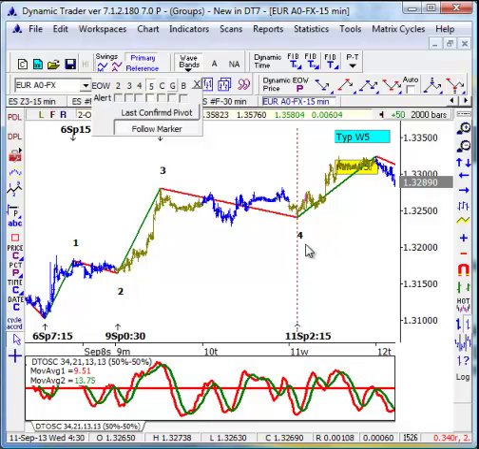Do they meet the rules and guidelines? And I've put some extra criteria in. They also have to be within particular time and price zones to be labeled, in this case, a 1, 2, 3, 4. Well, if they are, it will then project the minimum, typical, and maximum ranges.